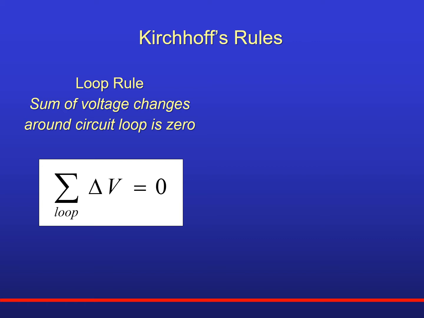Now, I gave an example of this in an earlier video where I talked about a simple circuit, a DC circuit with a battery and a resistor. So an increment of charge would pass through the battery, go to a higher potential, gains potential energy.